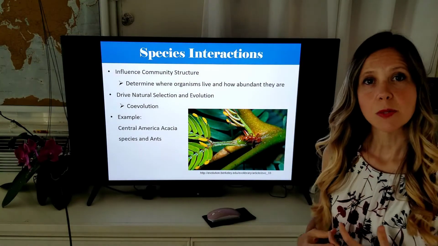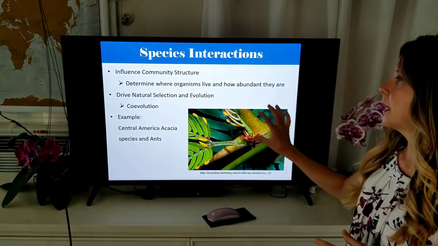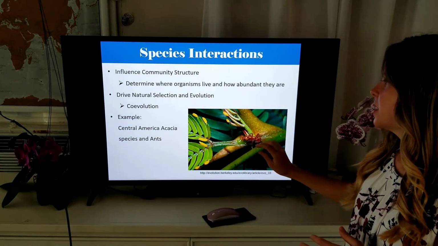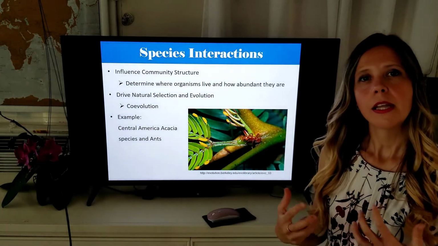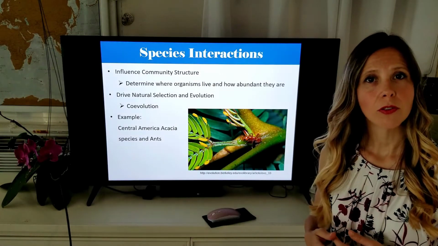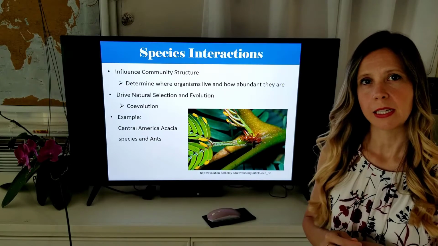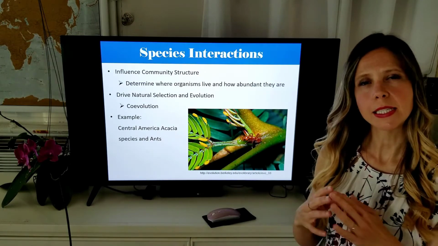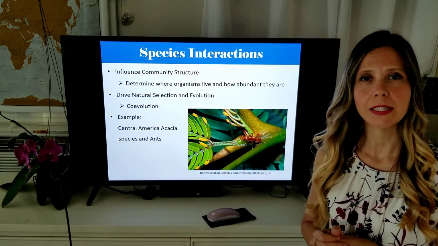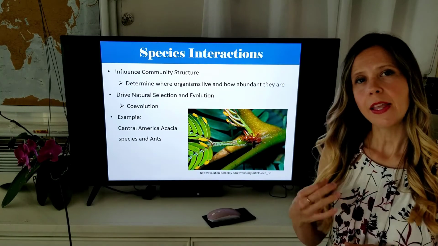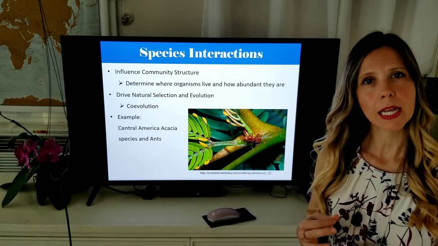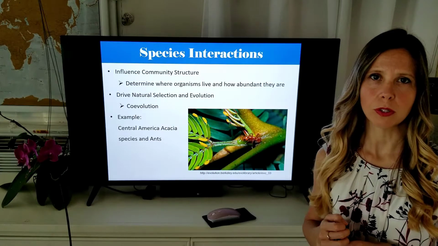Let's have a look at this specific example over here with the Central American acacia species and the ant. The acacia species has hollow thorns and it has pores at the base of its leaves that secrete a sweet nectar. The ant builds its nest inside these hollow thorns and it feeds on that nectar. The other thing we see with the ant is that the ant has defenses against herbivores.